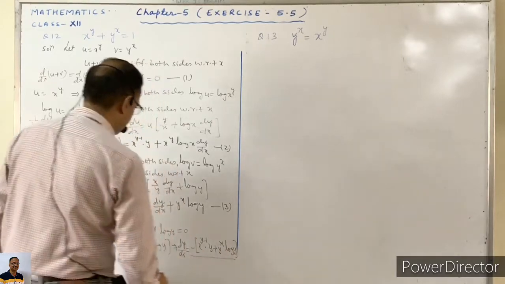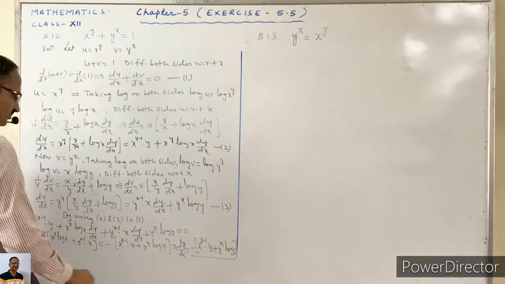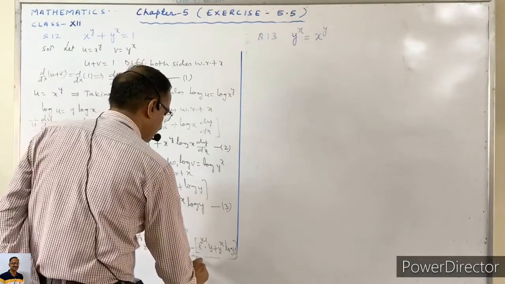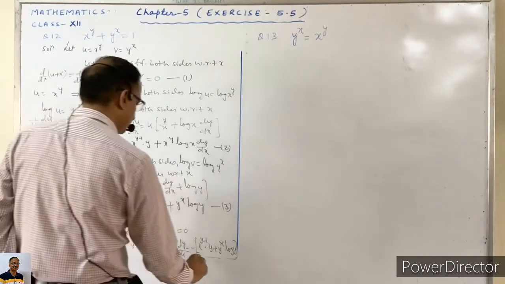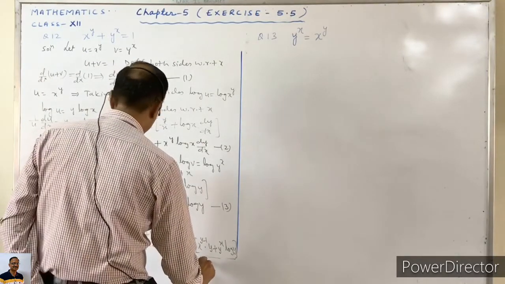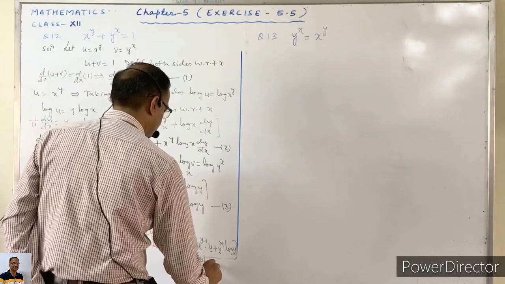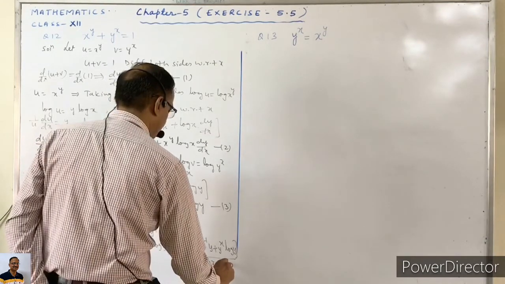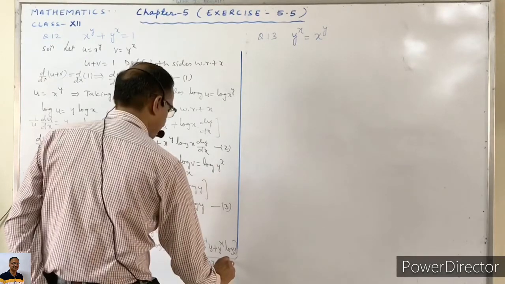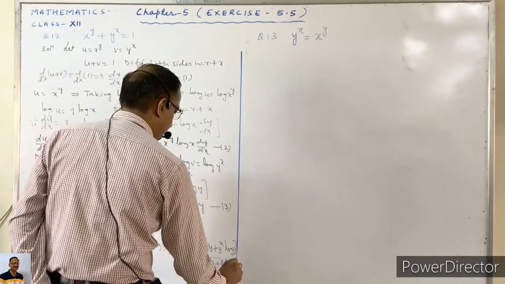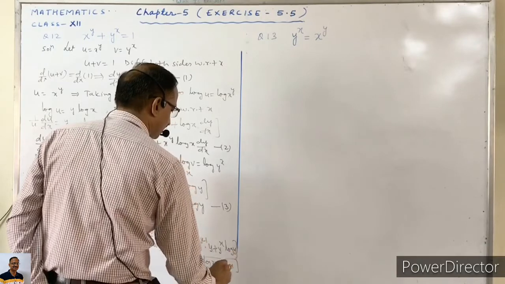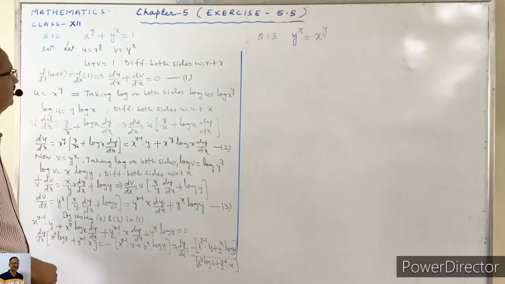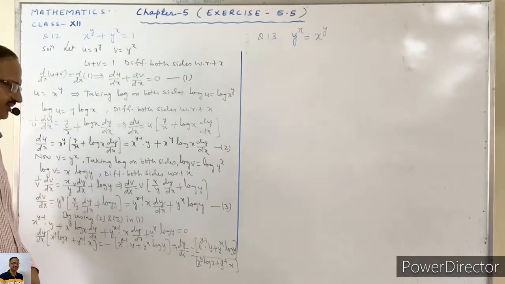In denominator, we will have this term. In denominator, this is x raised to power y log x plus y raised to power x minus 1 into x. So this is the derivative of this given function with respect to x.